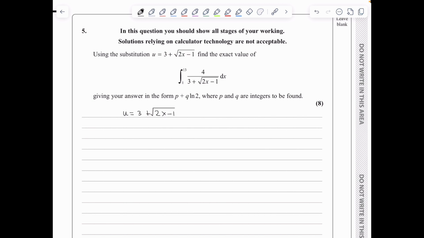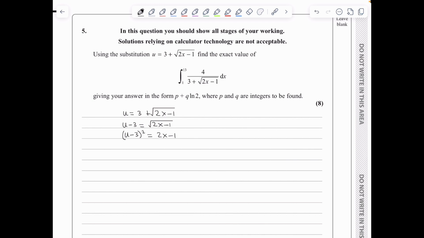Well, we know that in integration by substitution, it's essentially a translation process. I need to translate the dx, the expression to be integrated, as well as the limits from x into u. So instead of starting to differentiate as it stands, I prefer to start by saying u minus 3 is the square root of 2x minus 1, and therefore u minus 3 squared is equal to 2x minus 1.